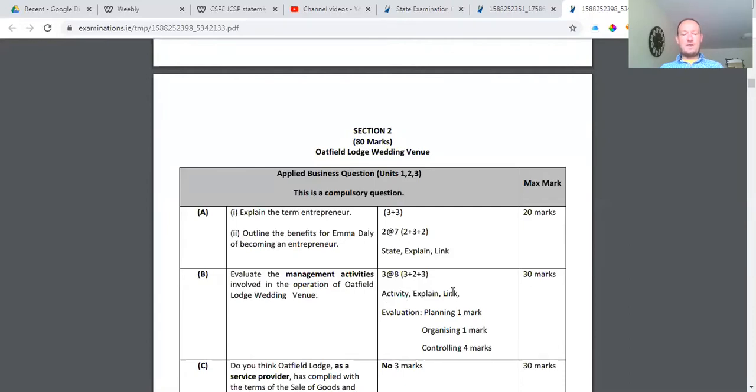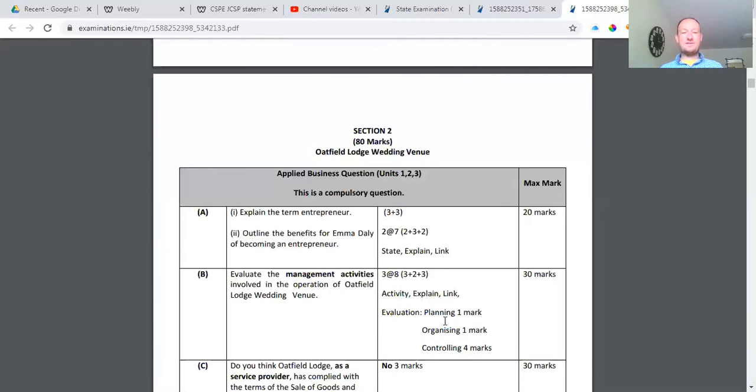You also have additional marks that a lot of students forget about and don't write down at the end of their question. As soon as you get a question called evaluate, you should have a section at the very end, underlined, called evaluation, and then you give your opinions there.